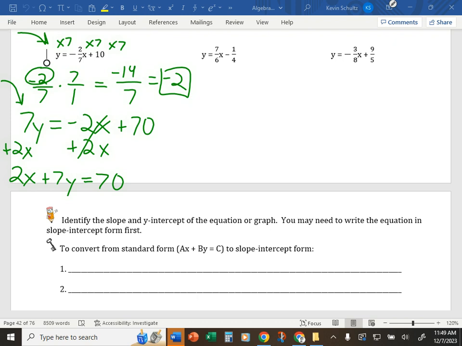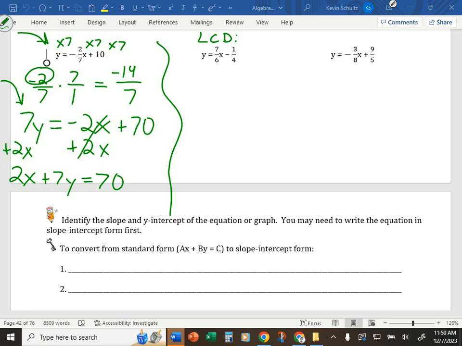Okay, if there are two fractions, let's go to this next one here: y equals 7/6 x minus 1/4. In your above directions, it says multiply each term by the denominator or the LCD. LCD stands for least common denominator, which essentially means what is the least common multiple of 6 and 4?